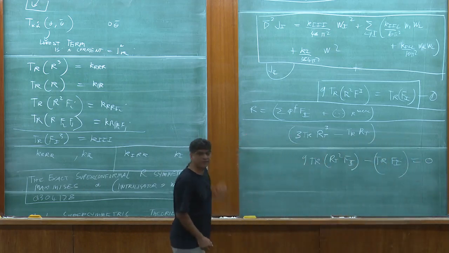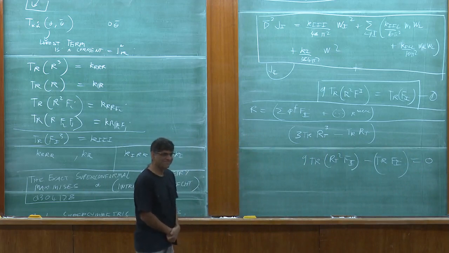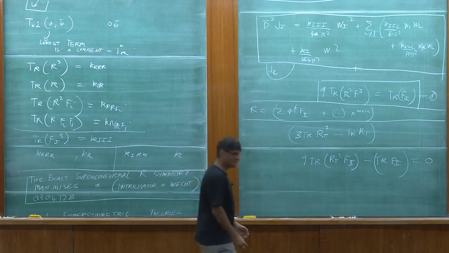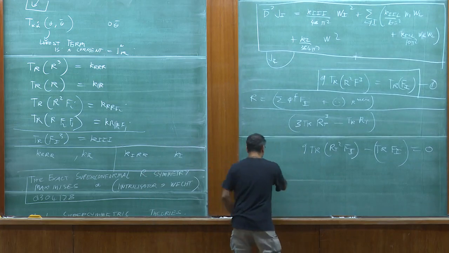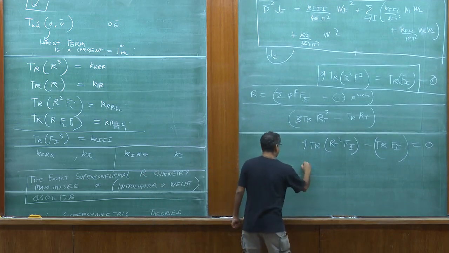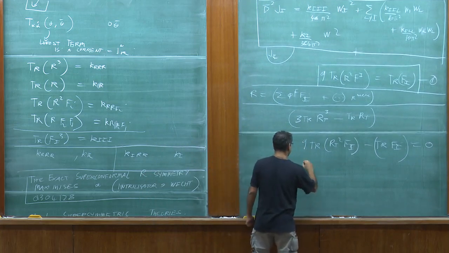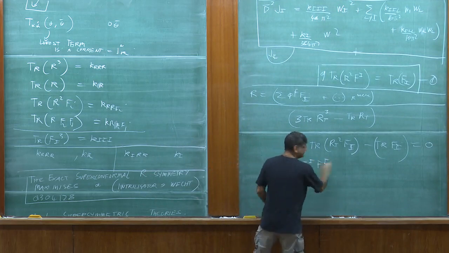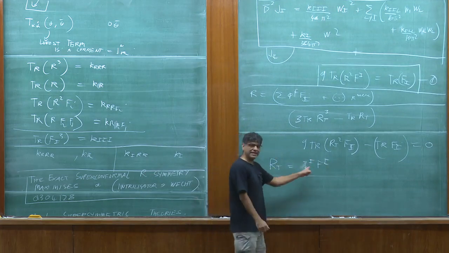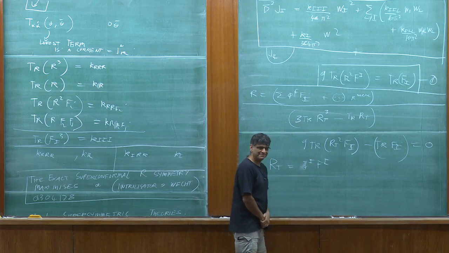And that's the same as that equation. Is this clear? What I'm doing is taking R_T equal to some alpha, or whatever, I called it phi I Fi, and I'm differentiating with respect to phi I. Is that clear?